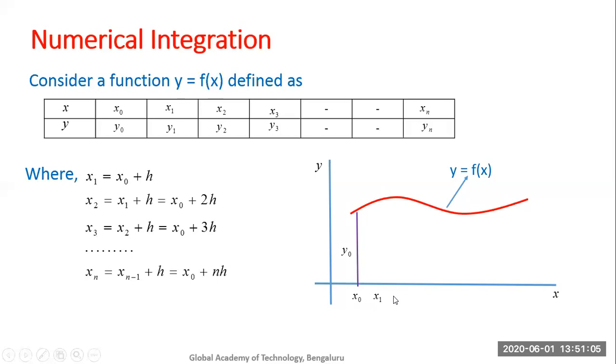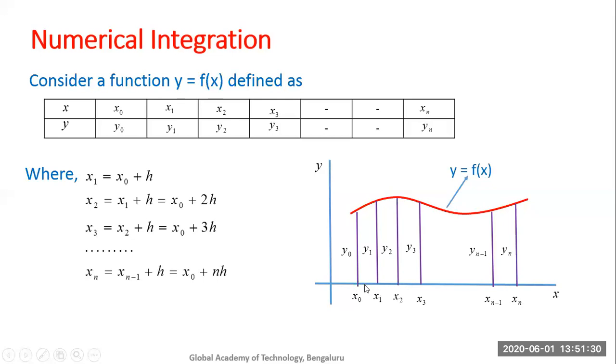Similarly, for x equal to x1, the corresponding value of y is y1. So the ordinate at x equal to x1 is y1. Similarly, for x equal to x2, the ordinate is y2, and so on. For xn minus 1, it is yn minus 1, and for xn, we have the corresponding value of y as yn.